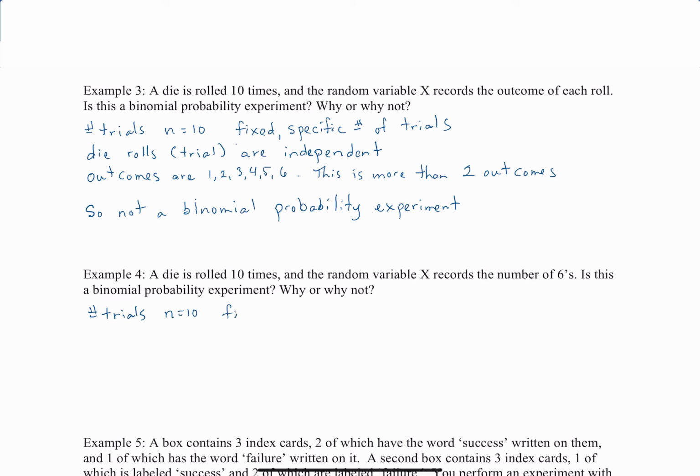This is a fixed specific number. So we're okay there. Again, the die rolls, which are the trials, are independent. They don't affect each other.